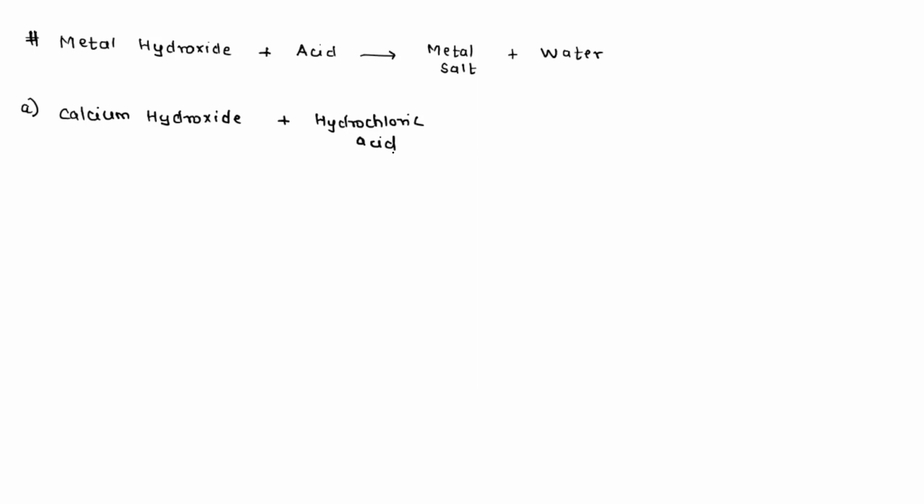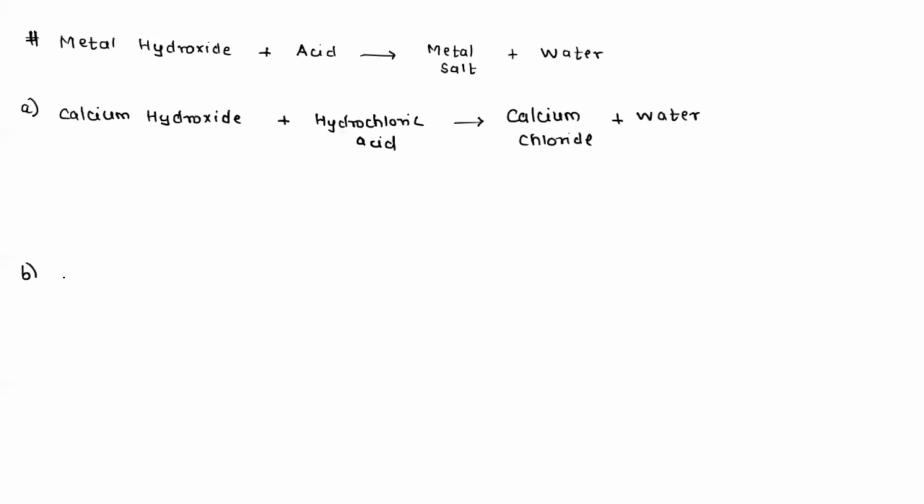So if you have calcium hydroxide plus hydrochloric acid, which salt will you get? What kind of salt will you get if it is a hydrochloric acid? Ma'am, you'll get calcium chloride. Yes, very good. So you will get calcium chloride. So depending on what acid you are adding, corresponding salt you will get, plus water.